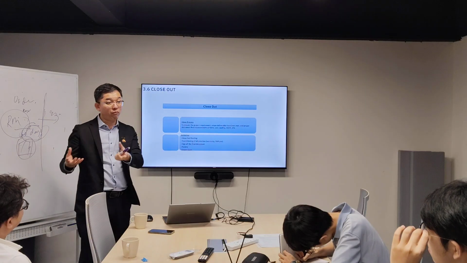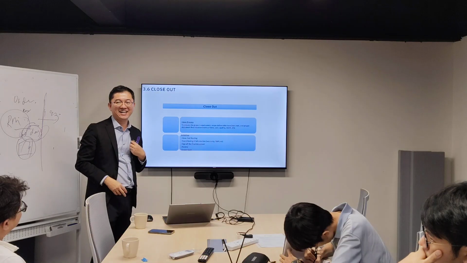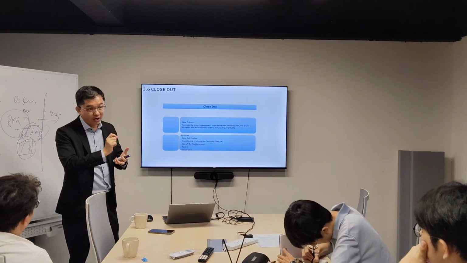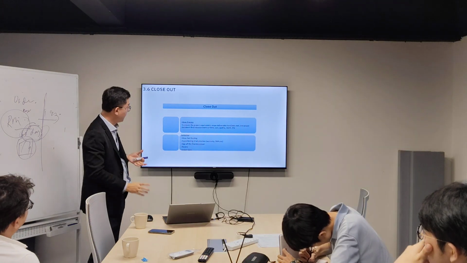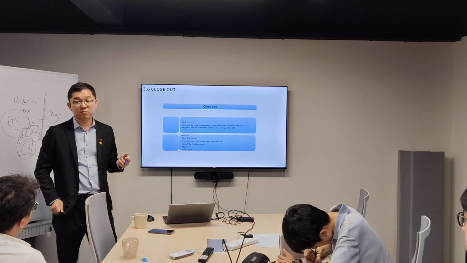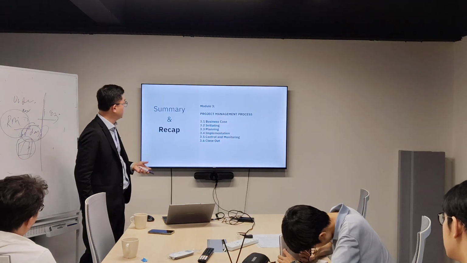You need to transfer to the operation team. That is operation, not project, operation. And then you need to ensure all the documents have been signed, or else the contract is still open. Okay? And of course, normally the client's project team will conduct a lesson learned.